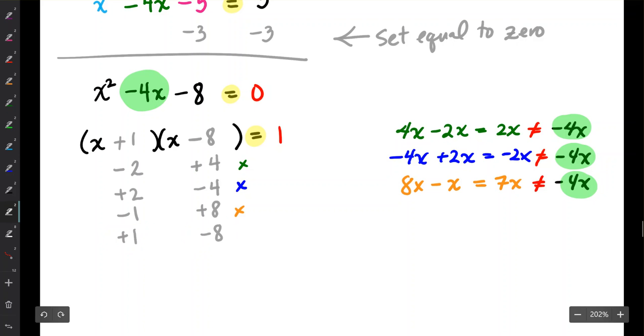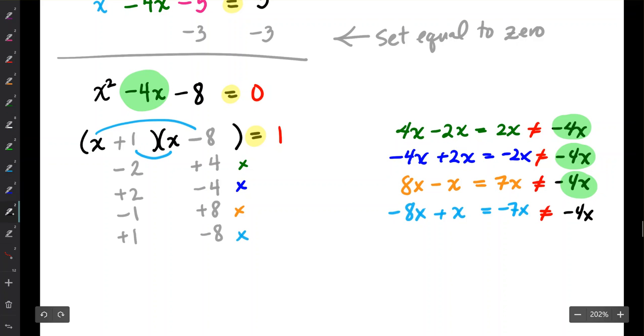What's going to happen there? X times minus 8 is minus 8x. 1 times x is plus 1x. Minus 8 plus 1 is minus 7x. Also a fail. That does not equal our negative 4x.